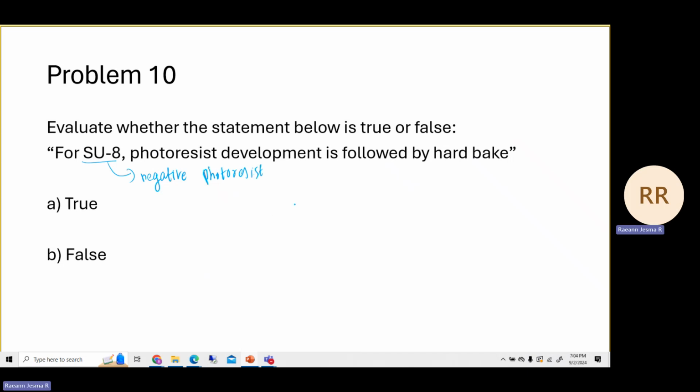And whatever region which is getting exposed will be cross-linked. So, which means that that region will not get dissolved easily in the solvent, right? So, is this statement true or false?